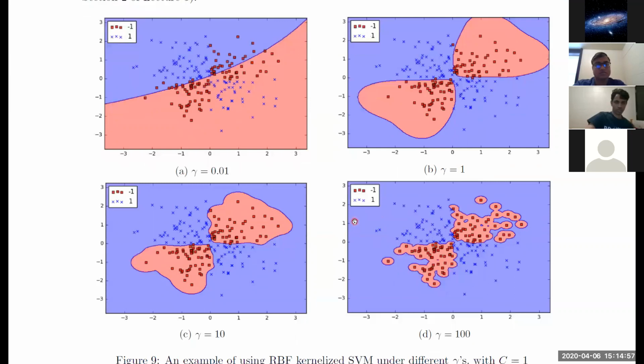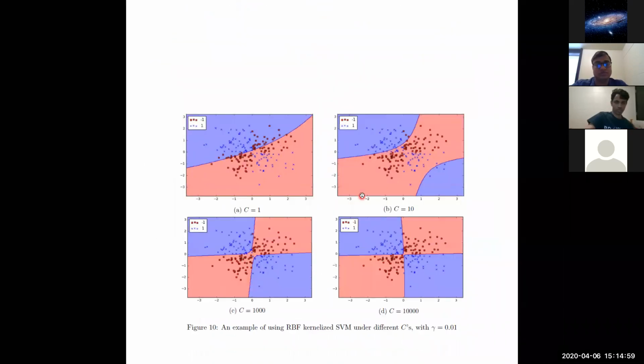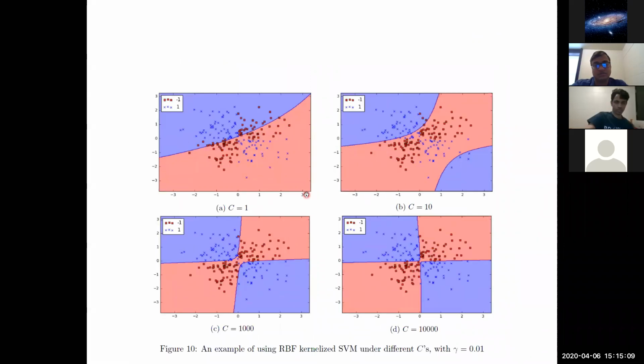Okay, and in the second case, we fix gamma to be 0.1 and we work on C. C is what? C is a parameter to balance the two different objectives, right? The first one is to try to maximize the distance between different classes, and the second one is to minimize the relaxation.